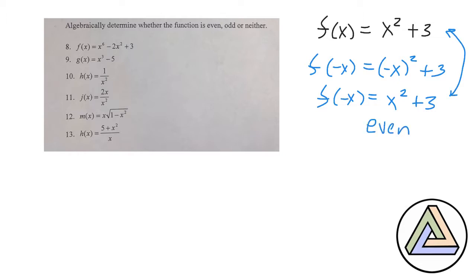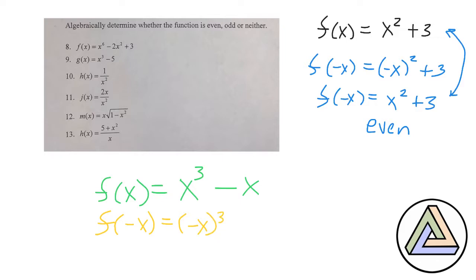How do you know when something's odd? You know when something's odd if you have a function and you plug in negative x and you end up with the negative version of what you started with. And here's what I mean by that. This is going to be negative x cubed plus x.